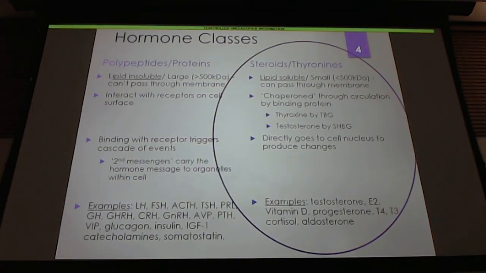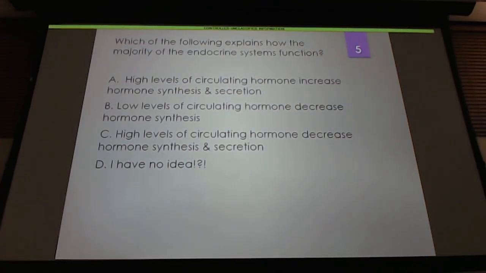Great, so in case you forgot, I would give you a little bit more if I did a question like that. All right, which of the following explains how the majority of endocrine systems function? So we have high levels of circulating hormone increases the synthesis and secretion. Low levels do the opposite. C or D, I have no idea. C, yes, C. This is the foundations of endo, right?